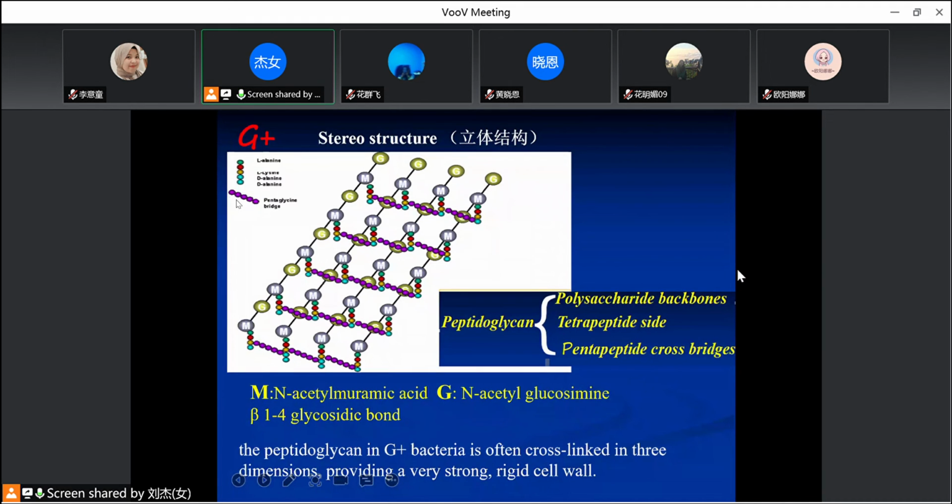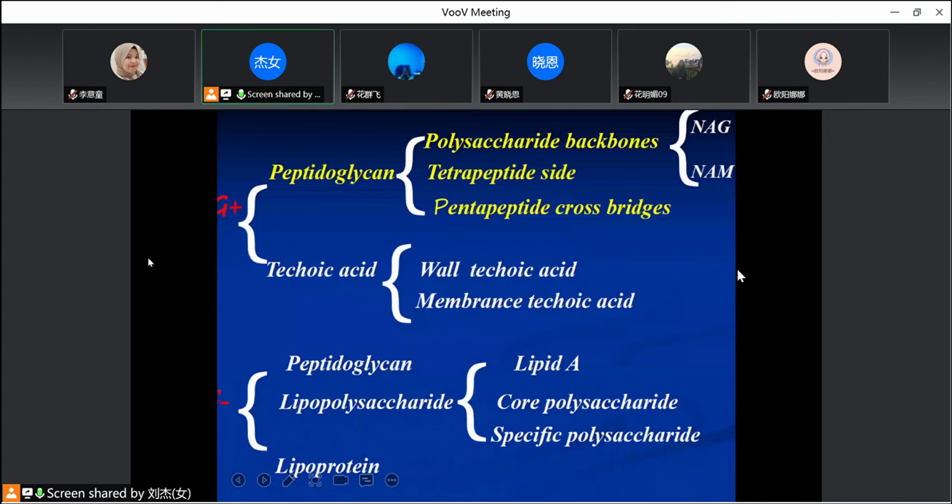The purple one is the cross bridge. So they have a backbone, a skeleton, and they also have a cross bridge.